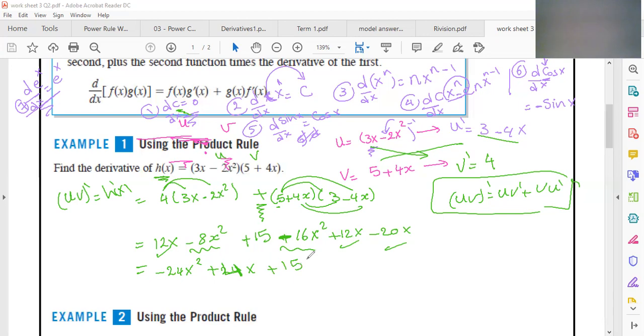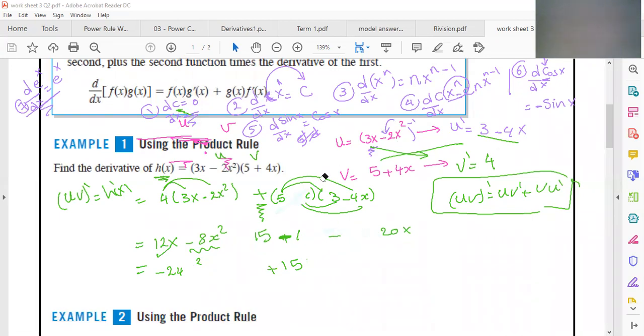That is the derivative of the function h of x by using the product rule. Here I have to use the product rule because it was asked in the question. I hope you understand. But please be careful.